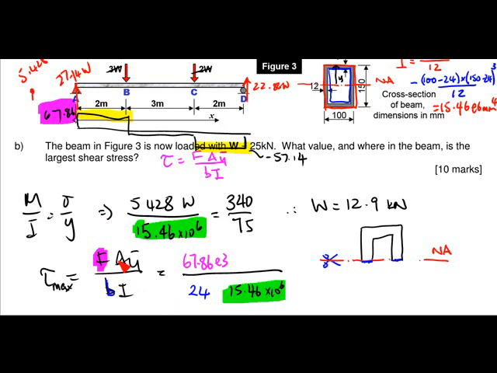A y bar: A is the area, and y bar is the distance of the centroid of the area. So the area is this bit. Probably the easiest way to calculate it is to take that area and minus the air gap, minus that.